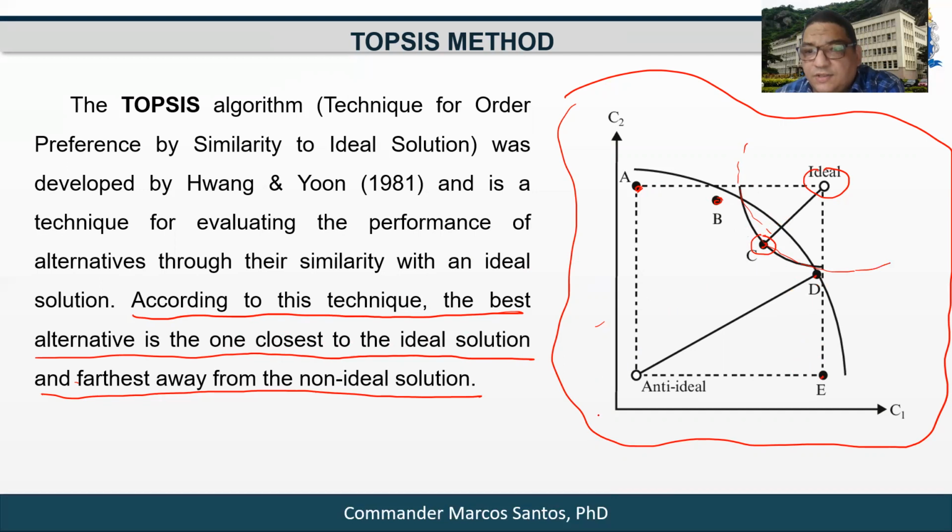And if I look at the anti-ideal solution, I will see the same alternatives, A, B, C, D, and E. And the farthest alternative is alternative D. D is the farthest alternative from the anti-ideal solution.